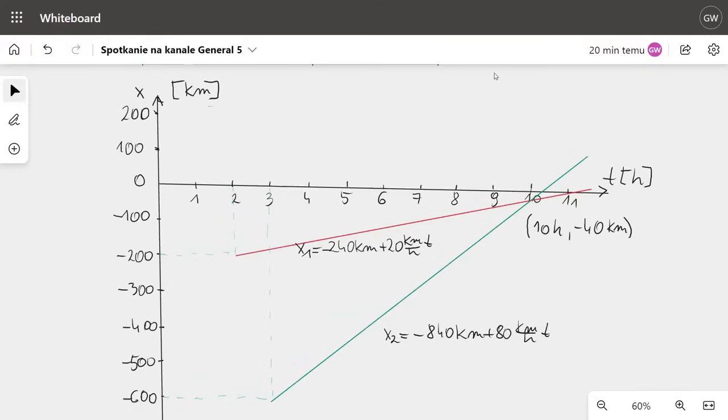Now we can represent the motion of cars in xt coordinate system. We read the time and coordinate of the intersection of the lines representing the movement of both cars. It will be time and coordinate of the place where the cars met.